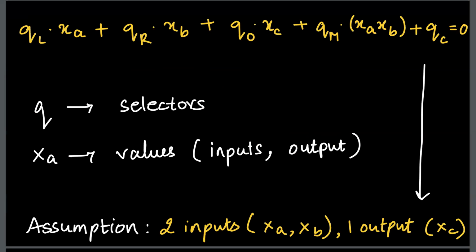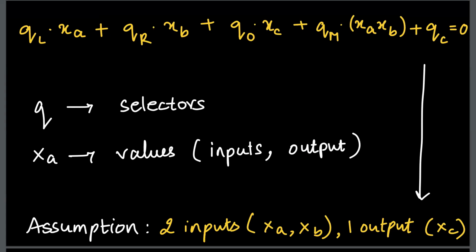All these Qs are called selectors, and in the sense that you can turn them on or off depending on your equation. And the values are XA, XB, XC, and the X values are all inputs and outputs. This equation is created on the assumption that you have two inputs, XA and XB, and one output, XC.